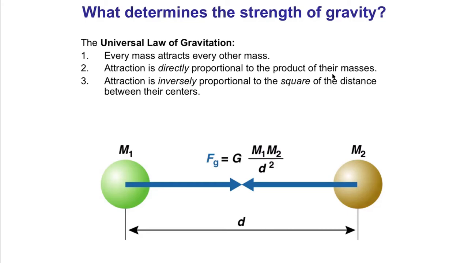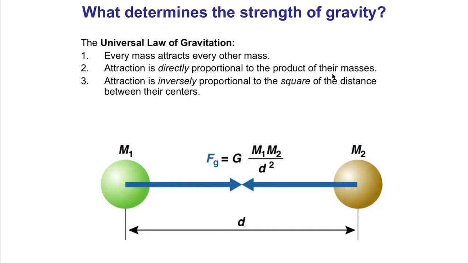Essentially, that force of attraction is directly proportional to the product of their masses, mass 1 times mass 2, and it's inversely proportional to the square of the distance between their centers. So the more massive the objects are, the greater the force of gravity. The further they are away from each other, the smaller the force of gravity.